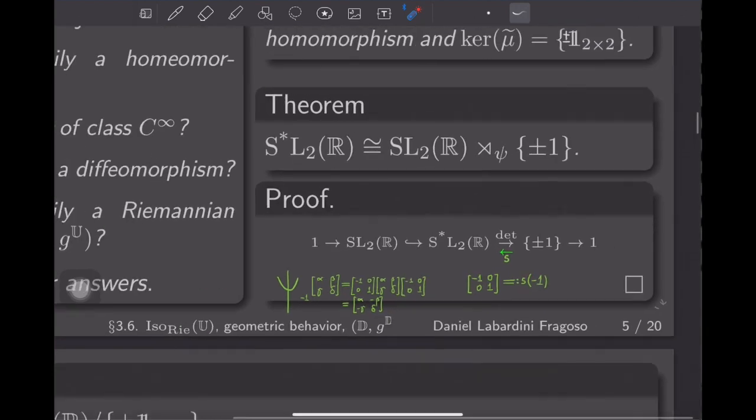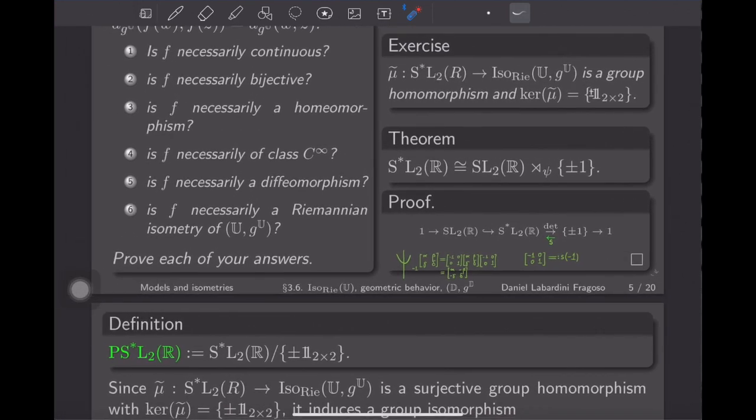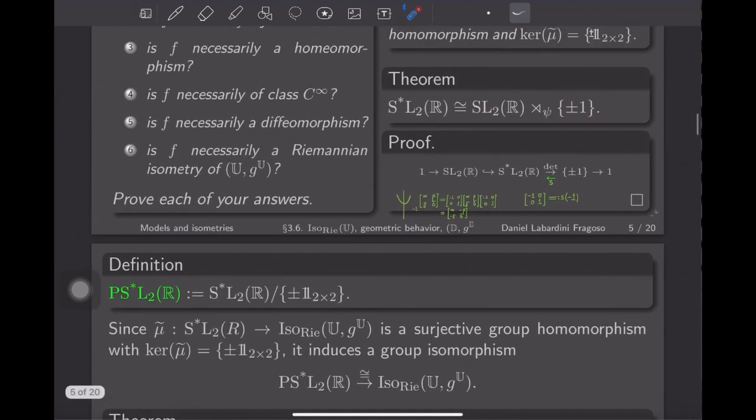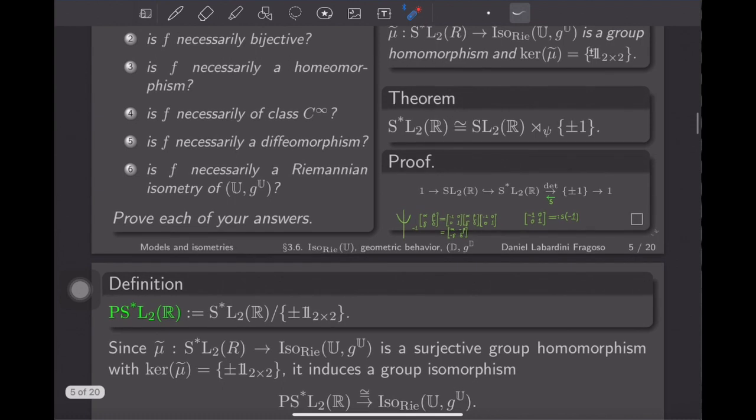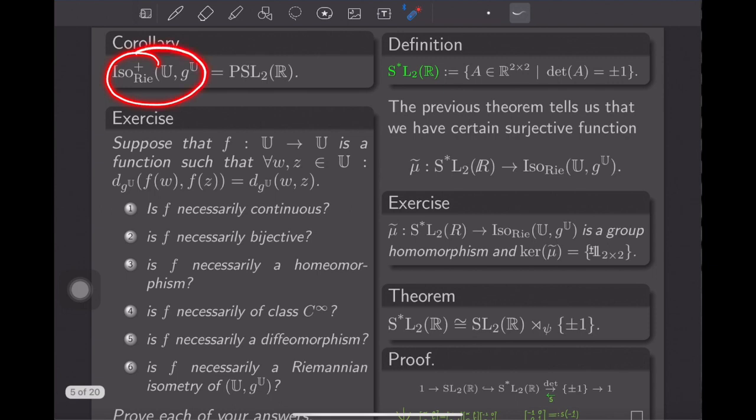That correspondence is a standard result on semi-direct products. So this theorem presents S star L2R as this semi-direct product. Now, the group of orientation preserving isometries of the upper half plane is PSL2R. So that is, from SL2R, I have to mod out plus minus the identity.